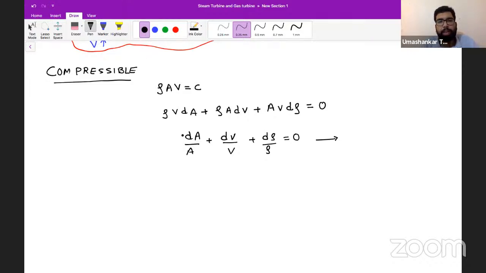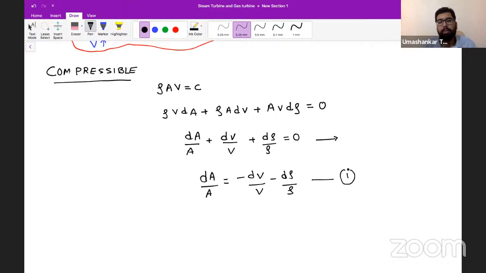Yes or no? Now, what is our interest here? Because we are designing the nozzle, our interest is to see what will happen if I decrease the area, and what will happen if I increase the area. So can I write this like this?